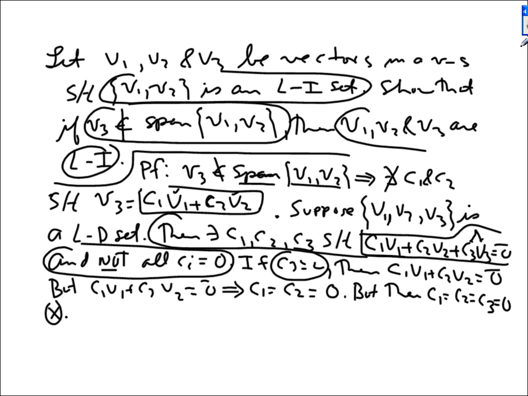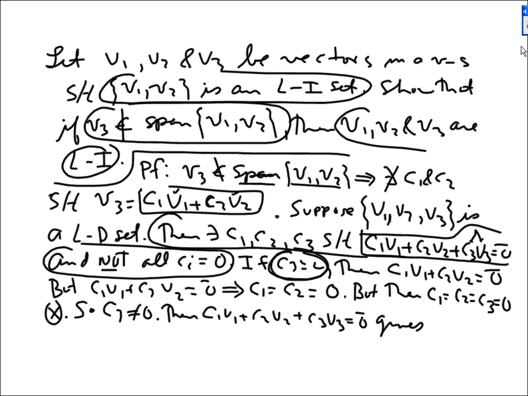Okay, that means C3 can't be 0. So C3 is not 0. Then C1 V1 plus C2 V2 plus C3 V3 equals 0 gives us, I'm going to solve for V3. C3 V3 is negative C1 V1 minus C2 V2.